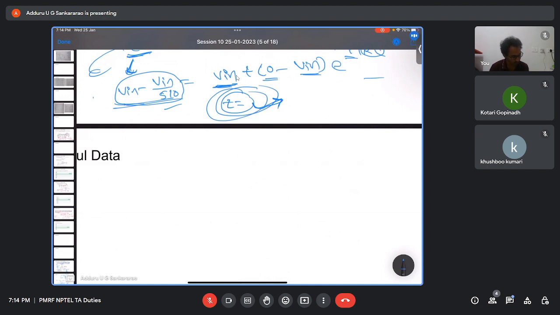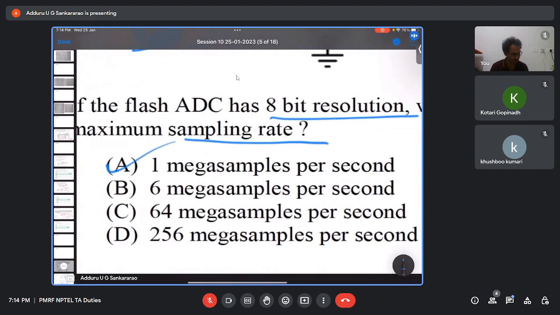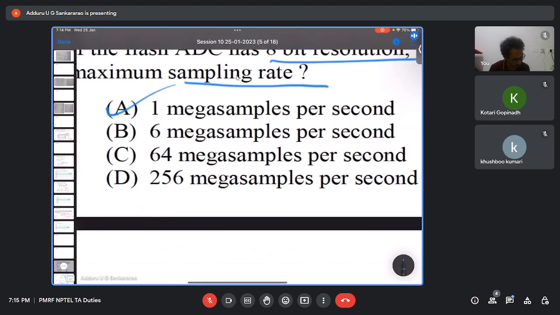So what is the maximum sampling rate they're asking? 1 by T. You calculate it, I don't remember the number, but you calculate this from this. So 1 by T you find out, that is the maximum sampling rate. From here the answer is 1 mega sample per second, that many you can give. 1 mega means fs is 10 power 6 samples per second.